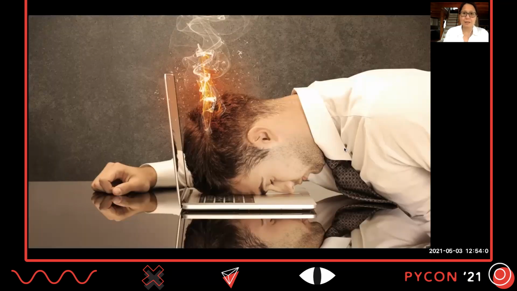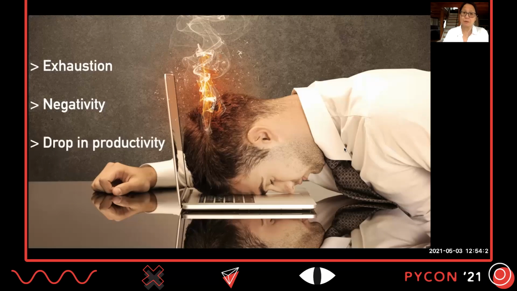It's characterized by 3 dimensions: feelings of energy depletion or exhaustion, increased mental distance from one's job or feelings of negativity or cynicism related to one's job, and reduced professional efficacy. As you're listening to this, you may recognize in yourself some of these symptoms. Much of the literature on burnout focuses on being able to recognize and manage its symptoms, and many of its causes are attributed to environmental factors.